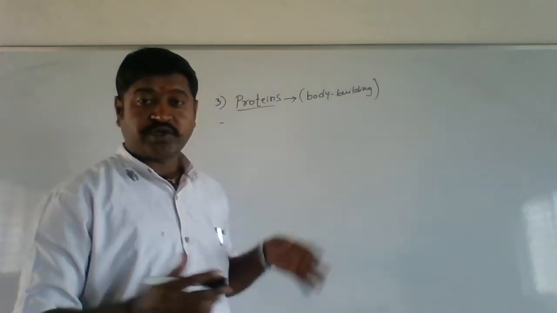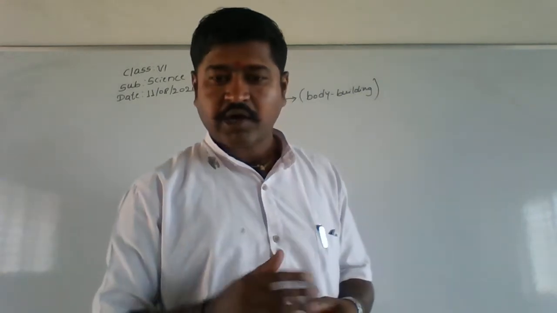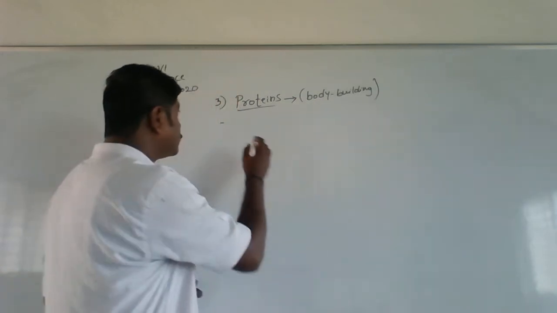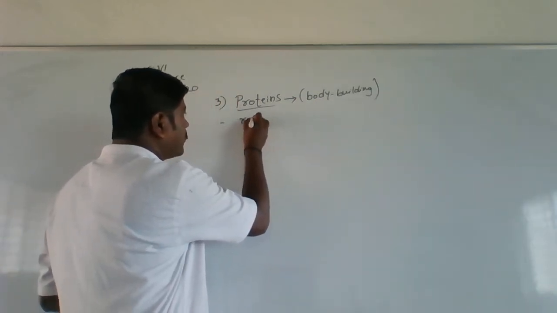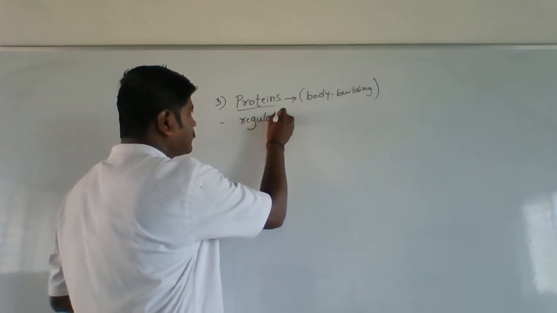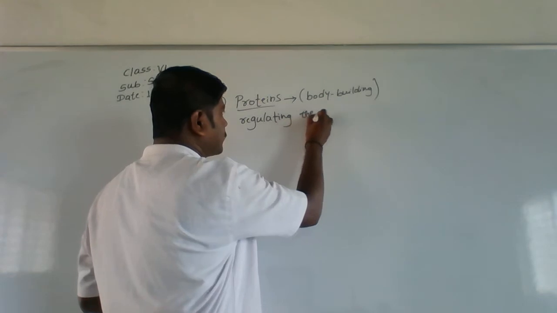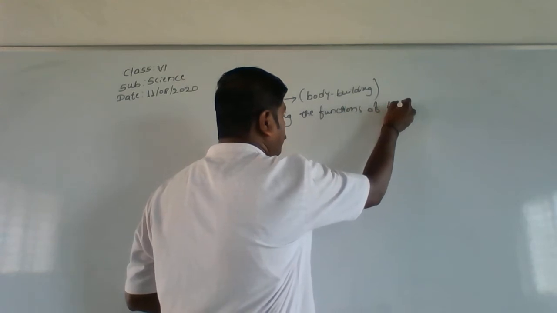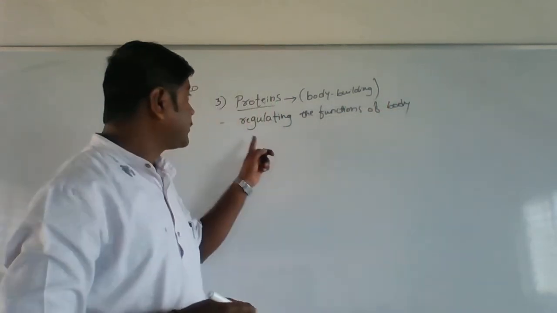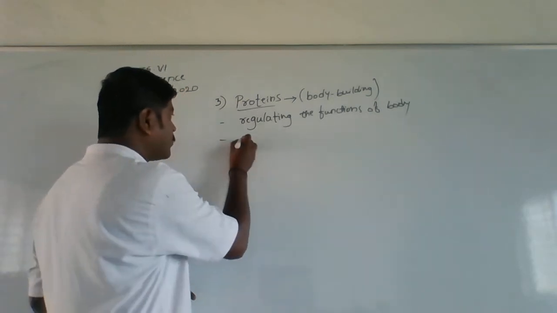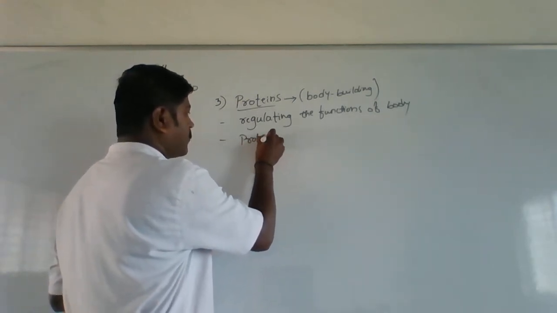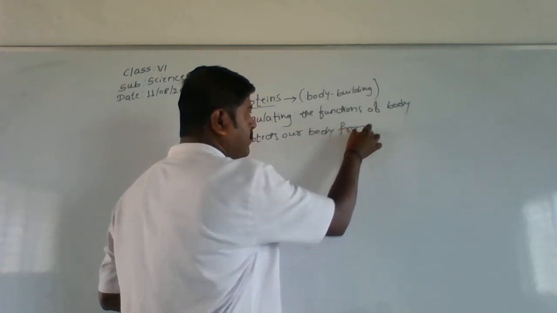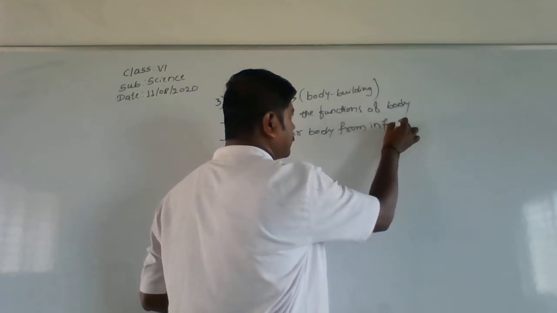So what are proteins doing in our body? They regulate our body functions and protect our body from infections. So first, what is it doing? It is regulating the functions of the body, and also it protects our body from infections.